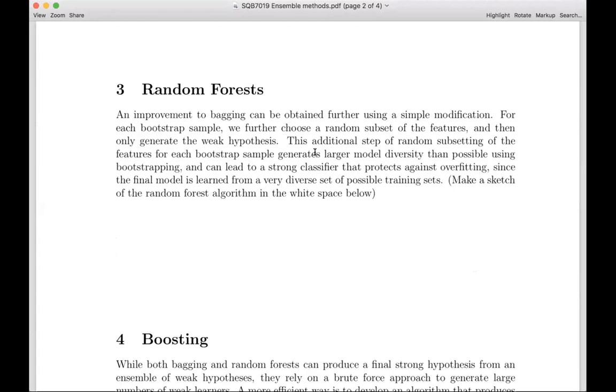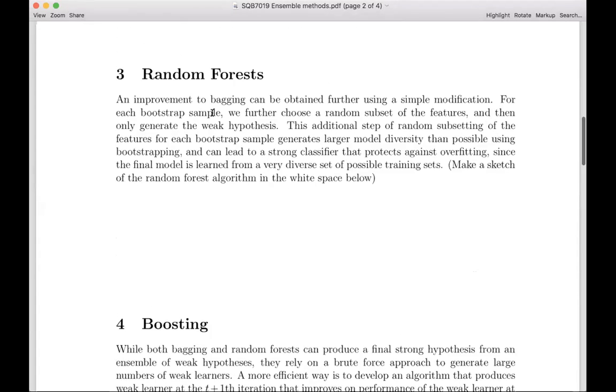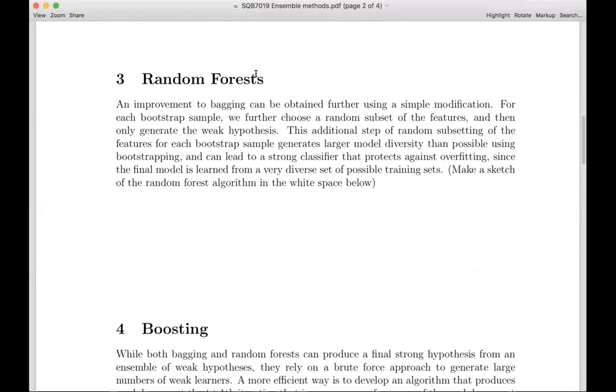Okay, can you still see it? Random forest. Can you see my? Yes. Yes. Okay.